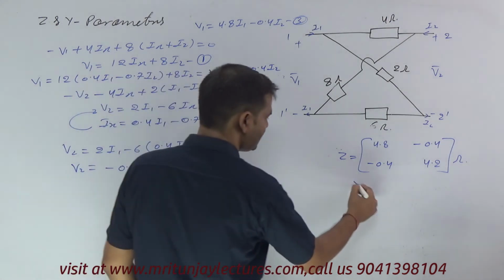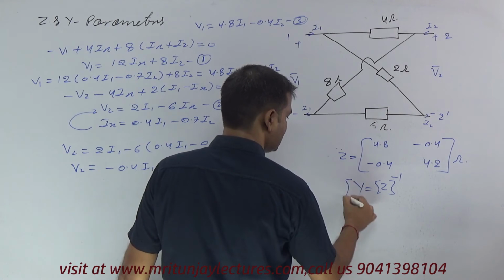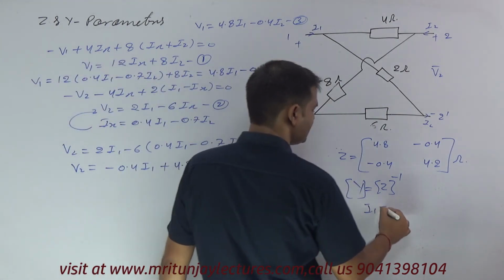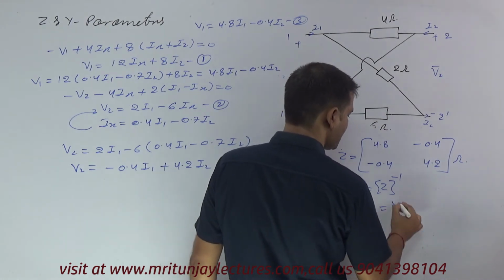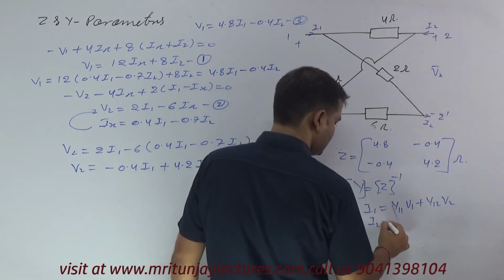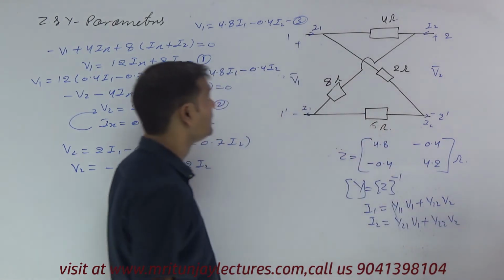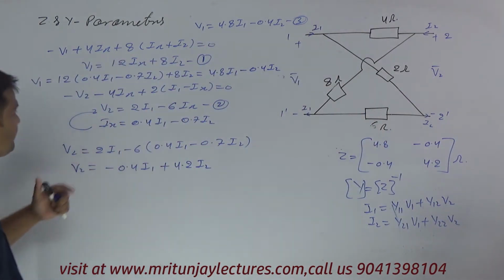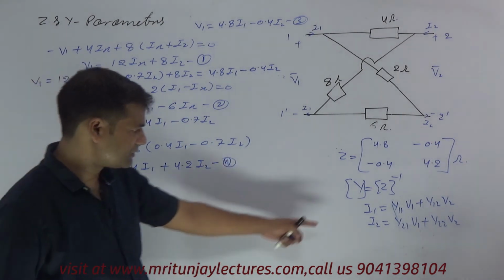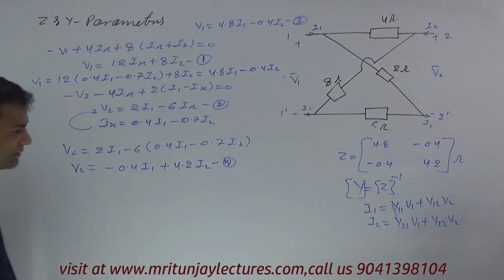If you want the Y parameter, then we solve with the help of this one. Or another method, simply I know that I1 in terms of V1, Y12, V2, and if these two equations, that is equation number 4, are converted in terms of I1 and I2, then you can also find the Y parameter.